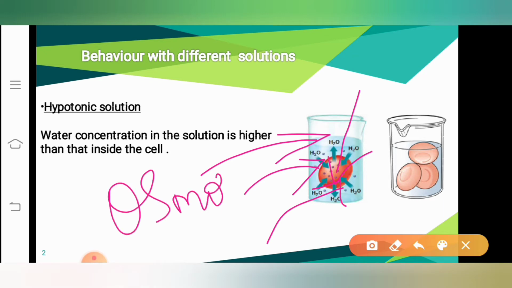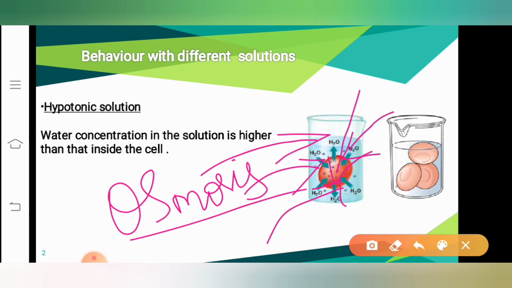What is osmosis? It is just the movement of water. Correct? It is a movement of water between the cell and the external environment. So here the water moves from the external environment inside the cell.